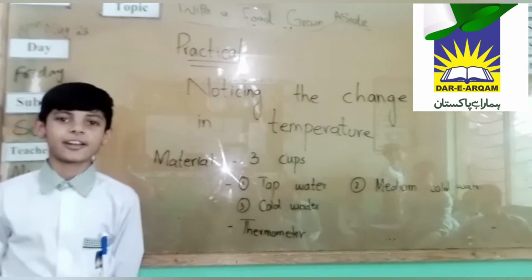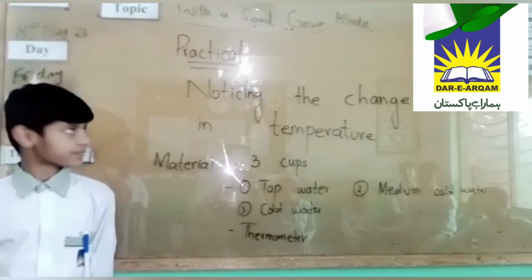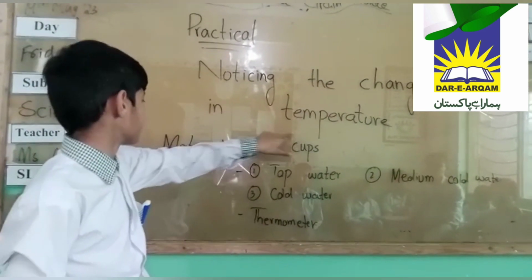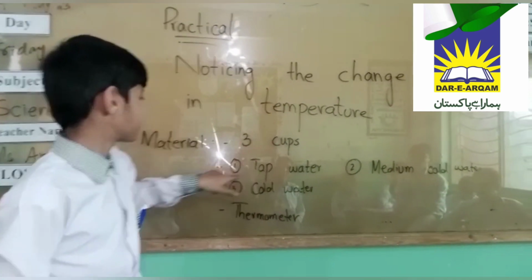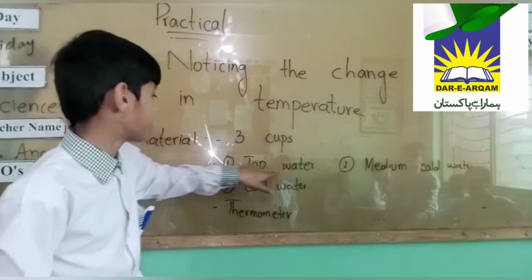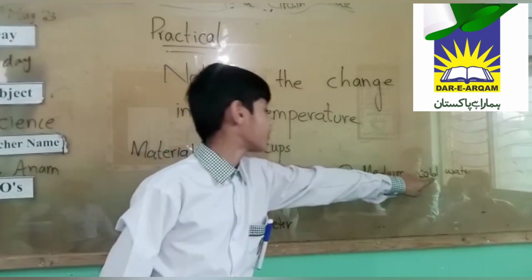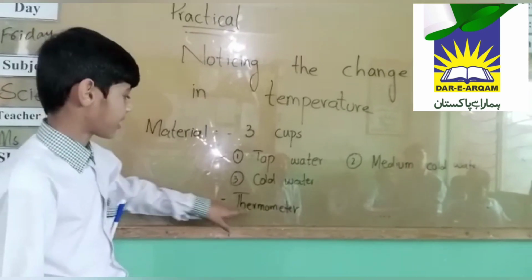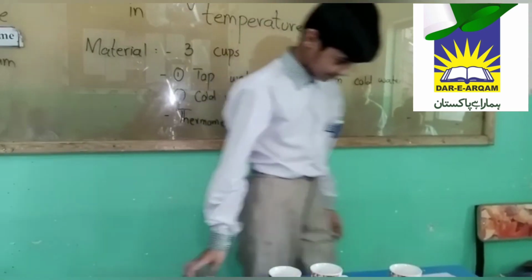Thank you. And I am from class 5A. Practical: noticing the change in temperature. Material: 3 cups. Number 1 tap water. Number 2 medium cold water. Number 3 cold water. Thermometer.